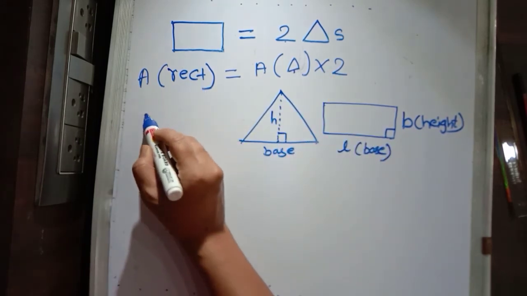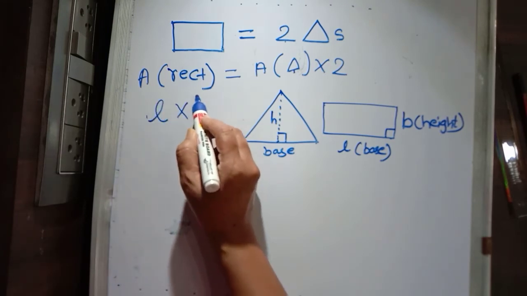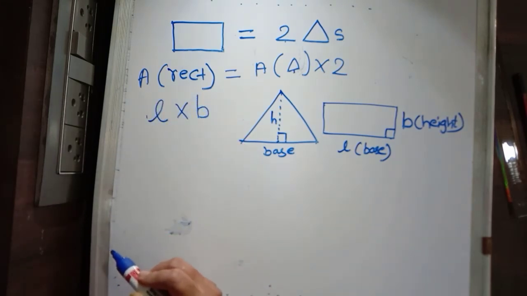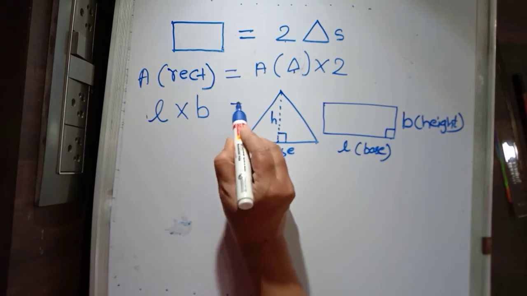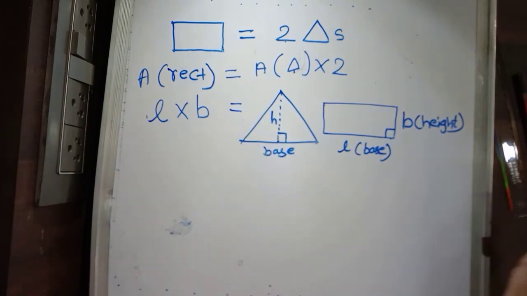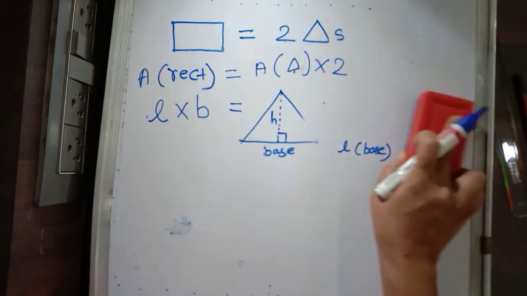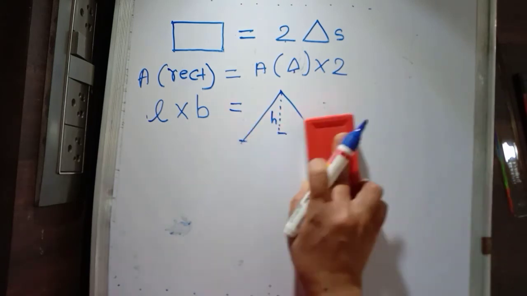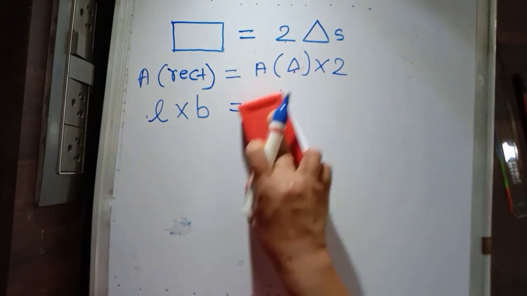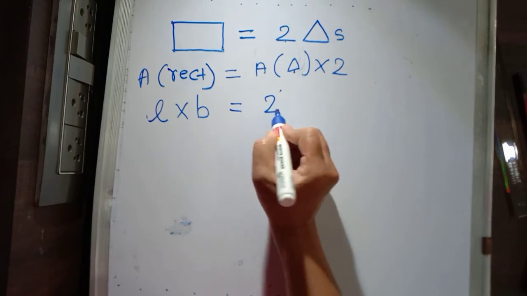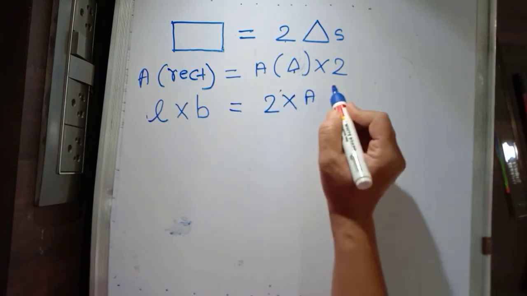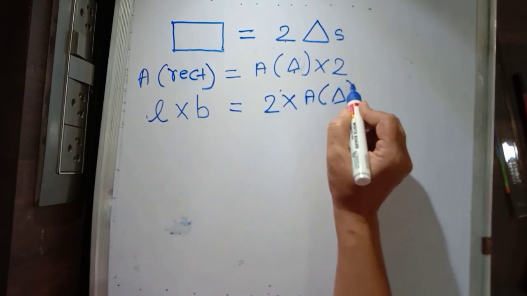Now, area of rectangle is length into breadth. That is what we have learned since our lower classes, which is also equal to 2 into area of triangle.